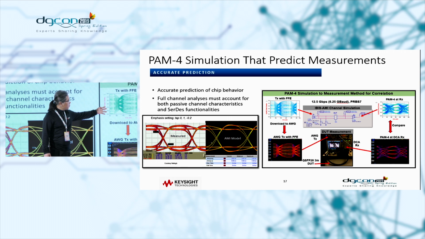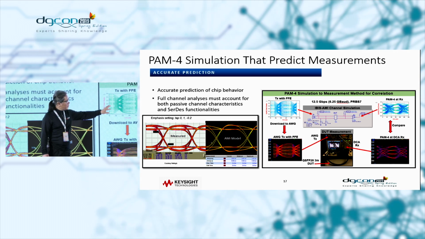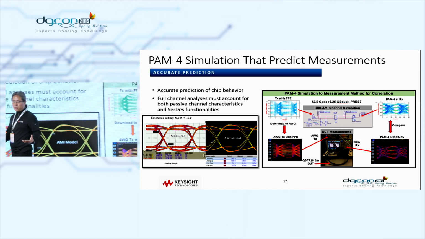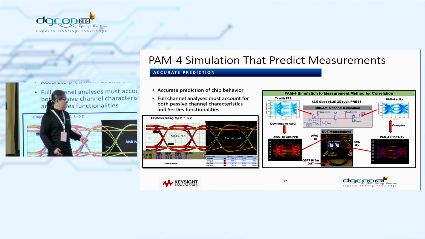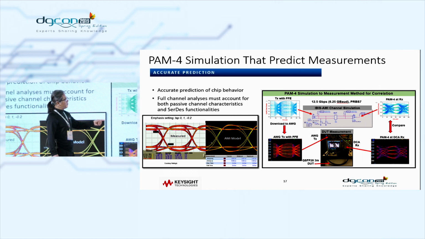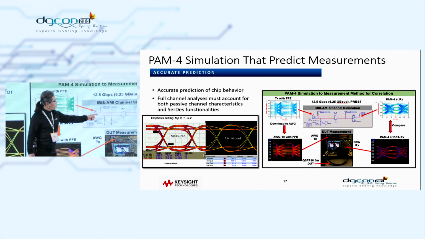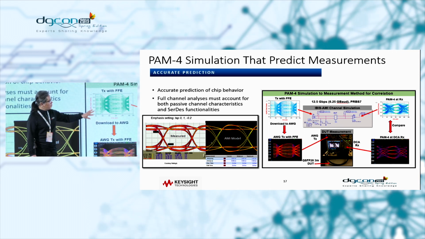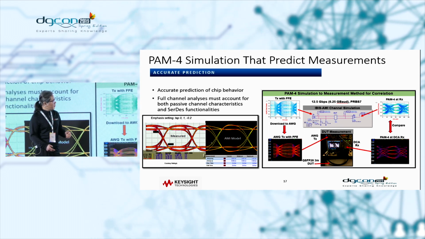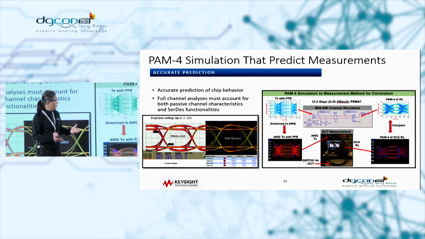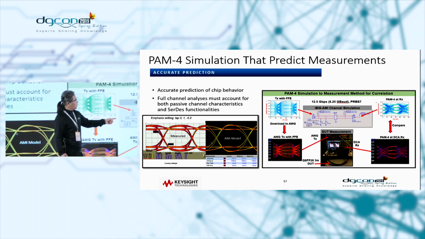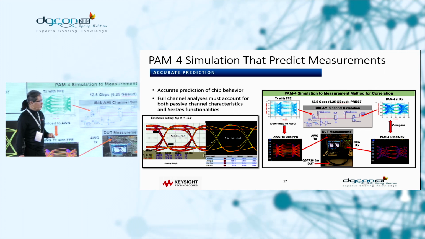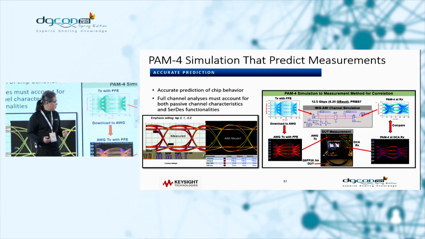All right, and then the other way to test it is creating another kind of data. We download a simulation model of the TX to an AWG, which is an arbitrary waveform generator, and then we simulated the channel data, which is a dot here, and put it into a schematic in something like ADS, and put the IBIS-AMI model in for the receiver. So this represents the entire channel, including the TX and RX.